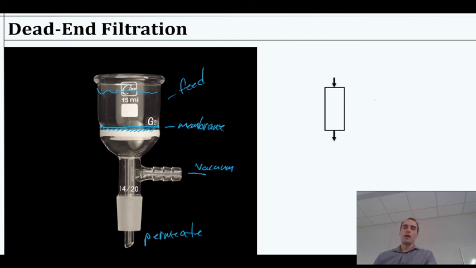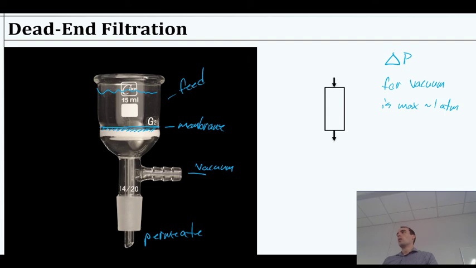So the delta P for vacuums is a max of 1 atmosphere, right?